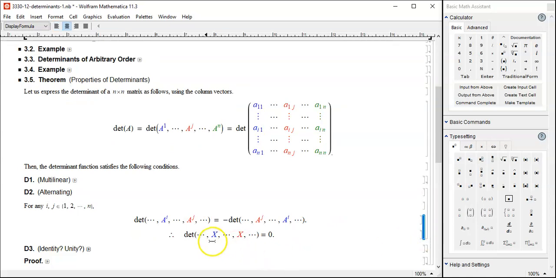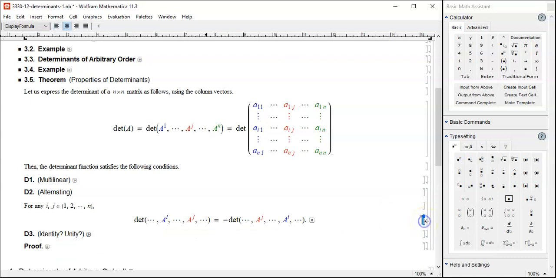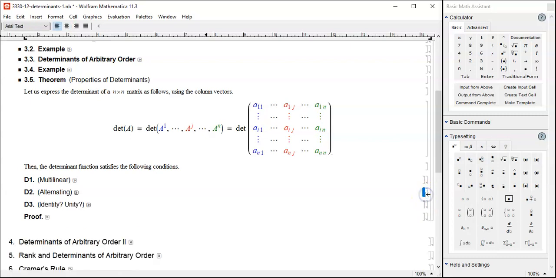If these two columns are the same, if I switch x and x, it stays the same, yet we have to earn the negative sign. Alright, what's the conclusion? What is the number that is the same as a negative of itself? Only 0. So if you see two identical columns, then the determinant is 0.